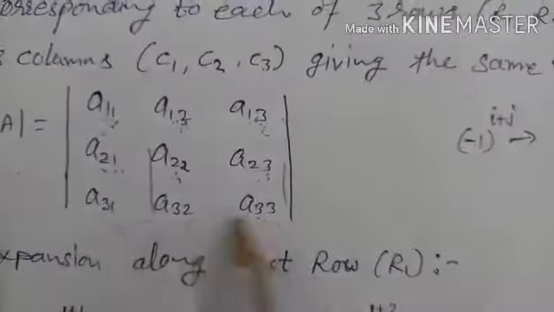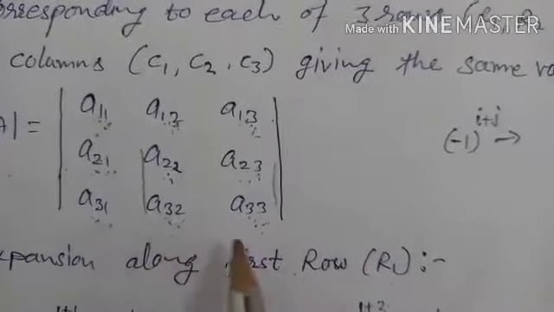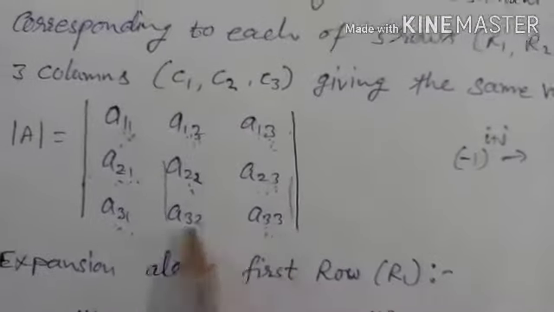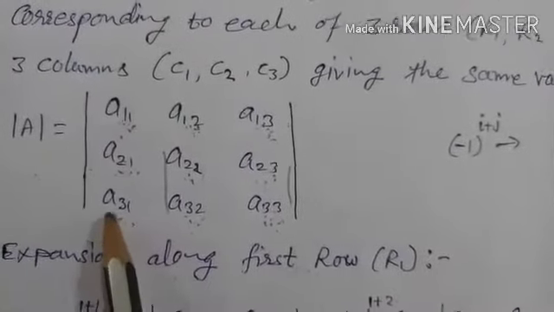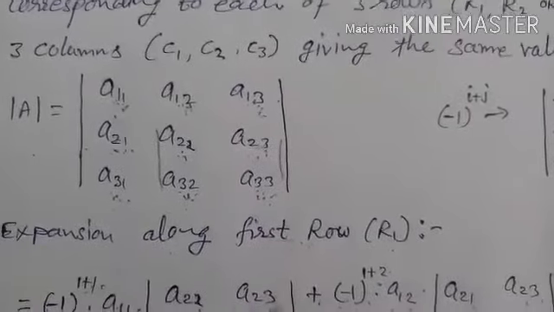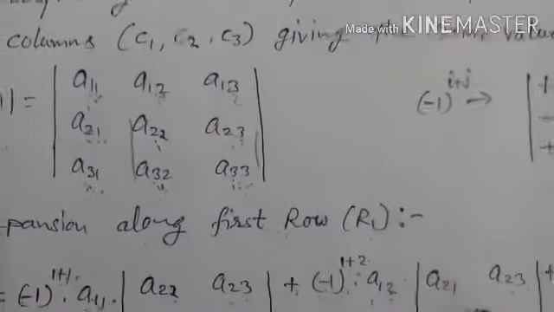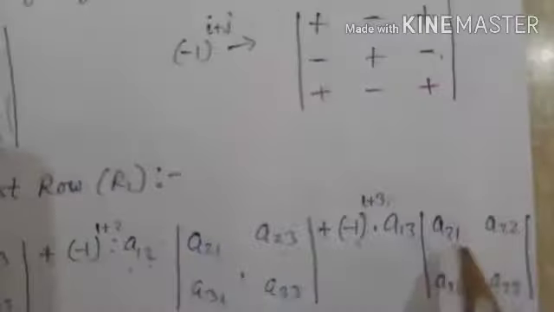Suppose in third row there are 2 zeros, first and second, and there is only one element, then we expand along third row, because first element 0, second also 0, so 0 multiplied by this 0, 0 multiplied by this 0, and there is only one element, so our calculation is very easier.